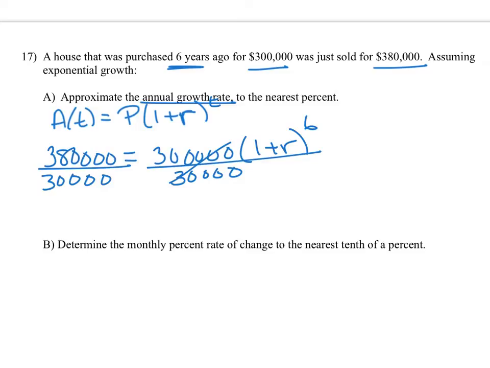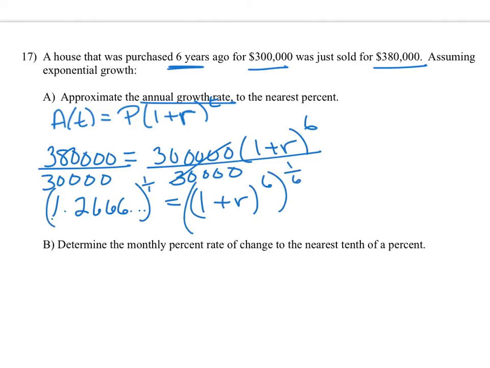So this is 1.2666 repeating equals 1 plus r to the 6th power. So raise it to the 1 over 6. Those go away, and I get 1.0401845, I think, equals 1 plus r.